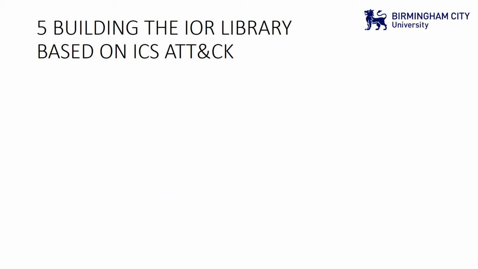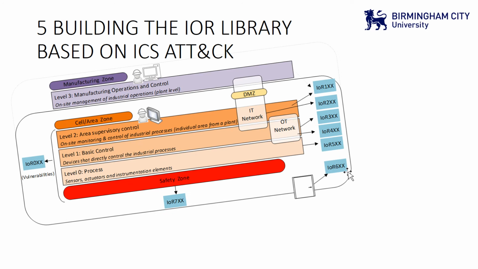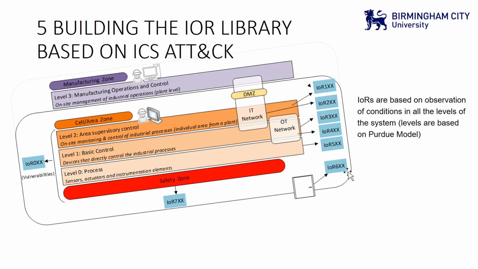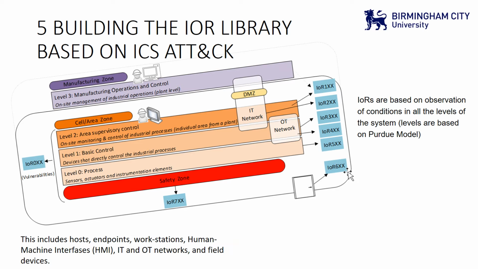So how did we build the indicator of risk library based on the TAC framework? Well, we use as a reference the Purdue model, which shows the different levels of an industrial control system. And we relate different indicator of risk groups, numbered with prefix 0 to 7.